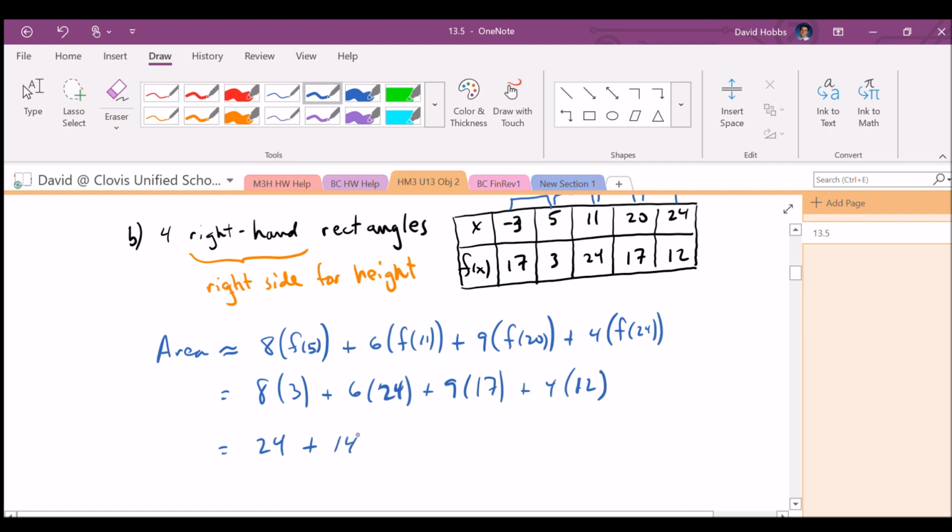Let's see, 144, 90 plus 63, 153 plus 48, which is 369.